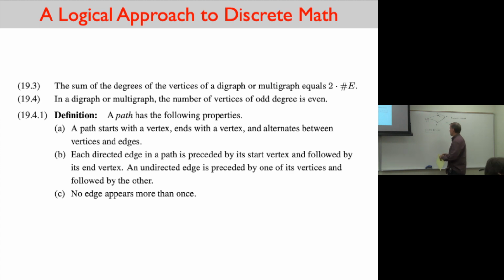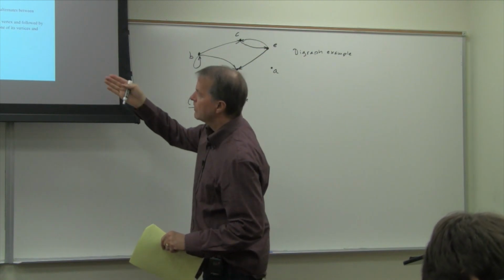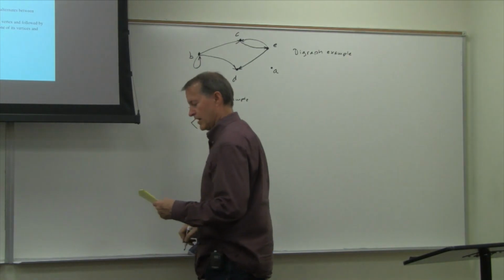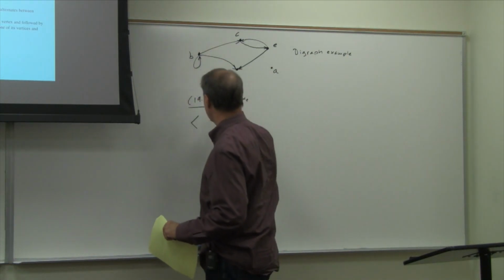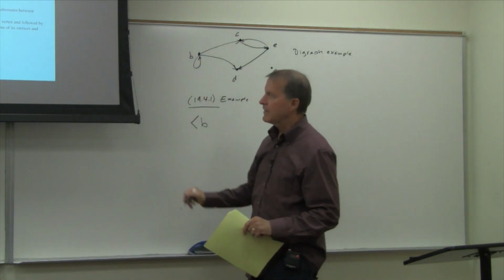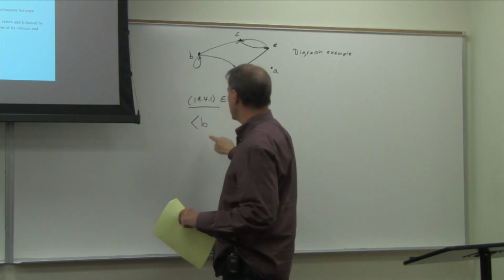So let me give you an example of a path. First of all, it's an ordered tuple, right? And it starts with a vertex. I'm just going to arbitrarily, for this example, start with the vertex B. Are you with me? And then it alternates between vertices and edges. So here's a vertex.